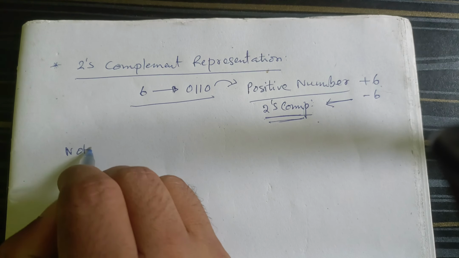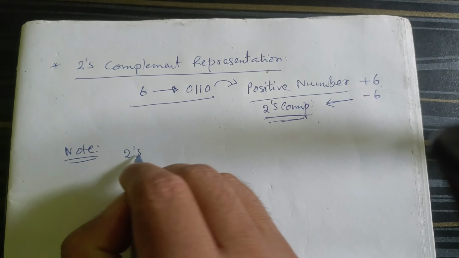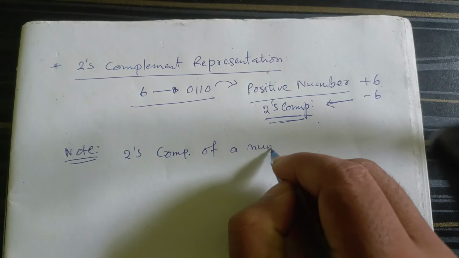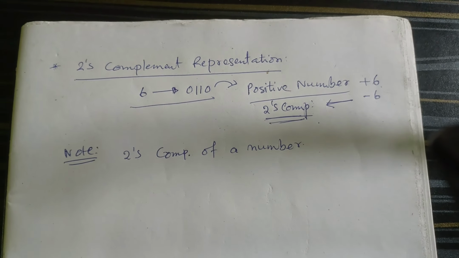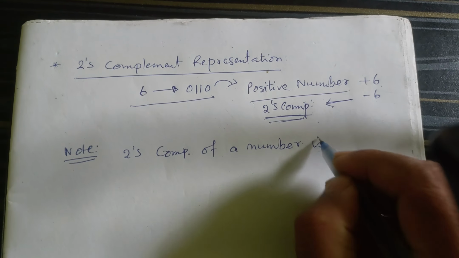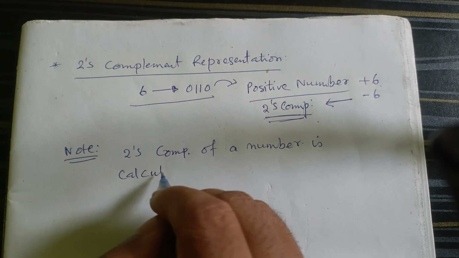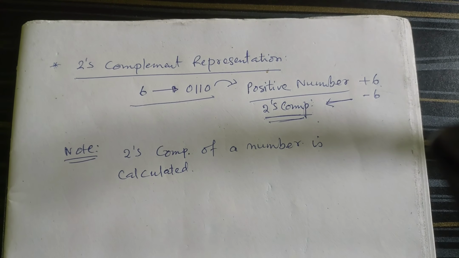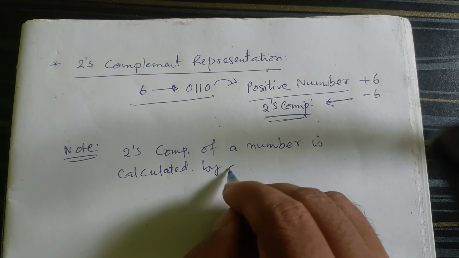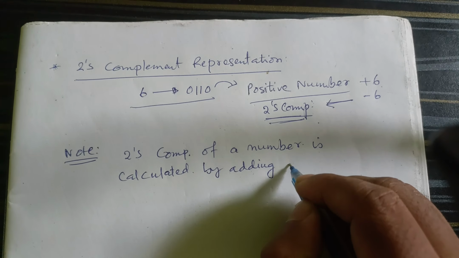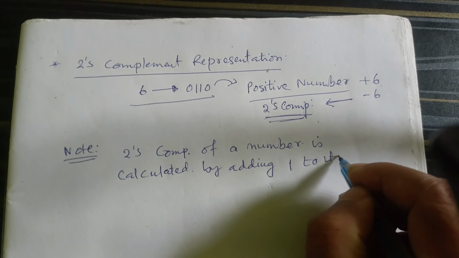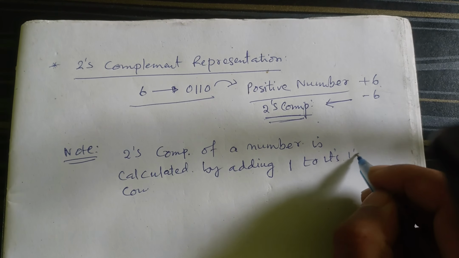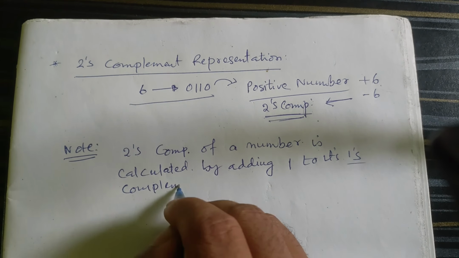So you have to remember that the 2's complement of a number is calculated by adding 1 to its one's complement.